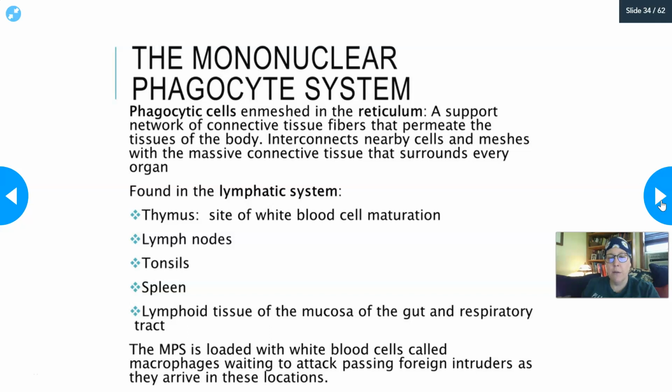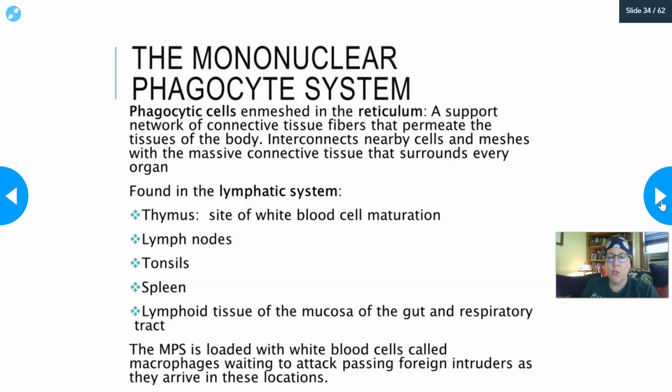So we have the thymus, which is the site of blood cell maturation for the lymphocytes to become T cells. Lymph nodes have lymphocytes and macrophages. Tonsils, again, same thing. The spleen, same thing, has lymphocytes and macrophages. Just the spleen filters blood, whereas all the others filter lymph fluid.